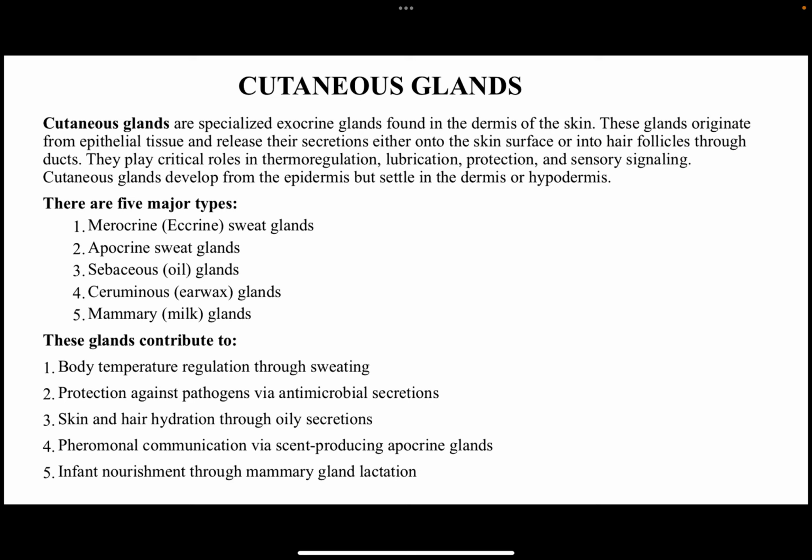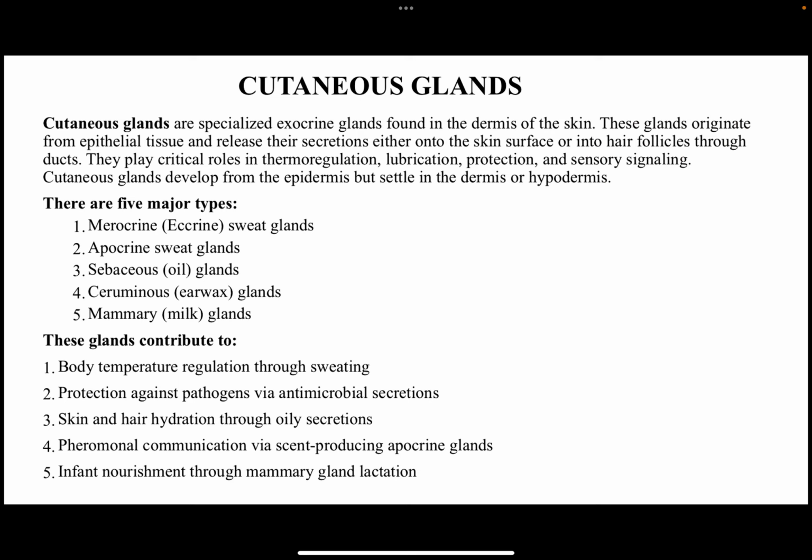the cutaneous glands. I mentioned that apart from these structures that we have, the skin, the nails, the hair, we have what we call cutaneous glands. Cutaneous glands are also part of the skin. They are specialized exocrine glands found in the dermis of the skin.